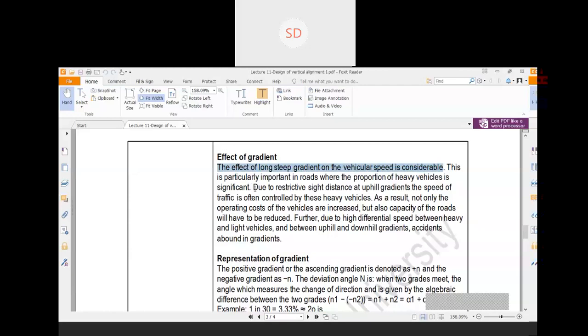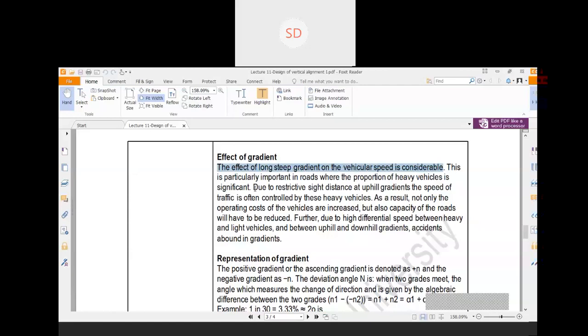In hilly areas, suppose you are driving and suddenly find a truck in front of you, you cannot overtake it because your sight distance would be hindered by the different gradients and horizontal curves present in hilly areas. So in most cases, these heavy vehicles dominate or control the speed of other vehicles in those areas.